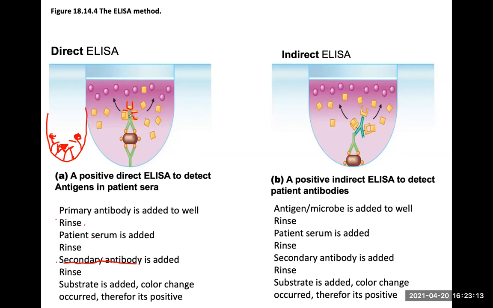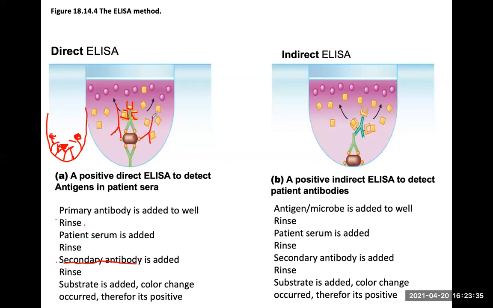Right, see this? So just one secondary antibody can bind several substrates. And furthermore, you could have another antibody here. You could have another antibody here.